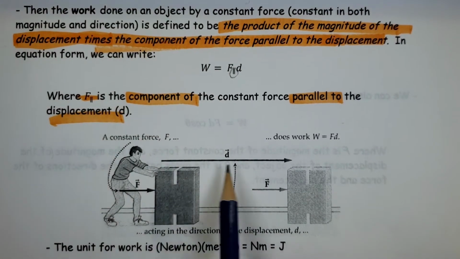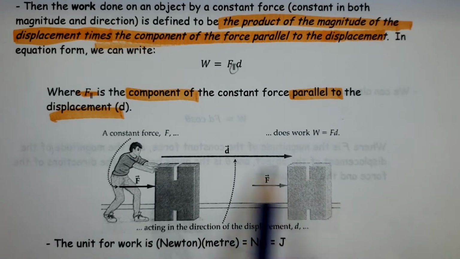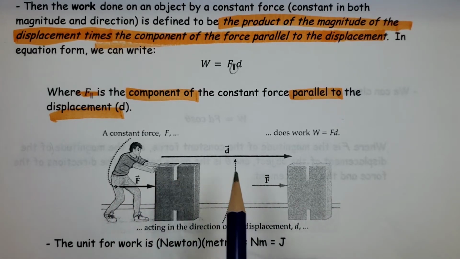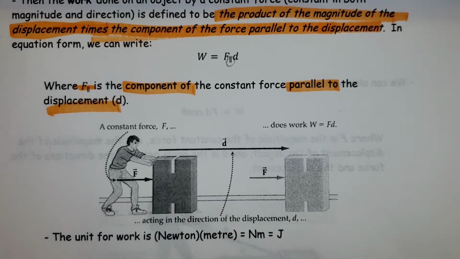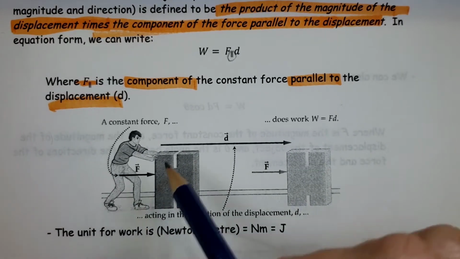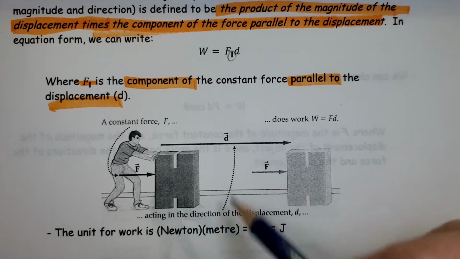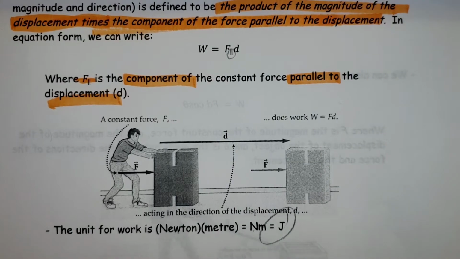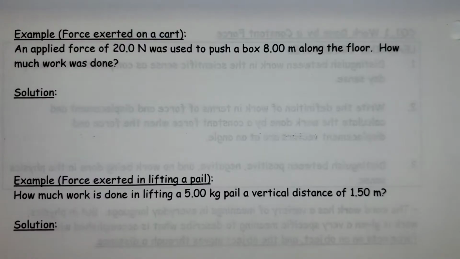So the box is moving to the right, so it's undergoing a displacement. And if we're looking at the force that's in the same axis as that, that would give us the work done. So force, of course, is in newtons.